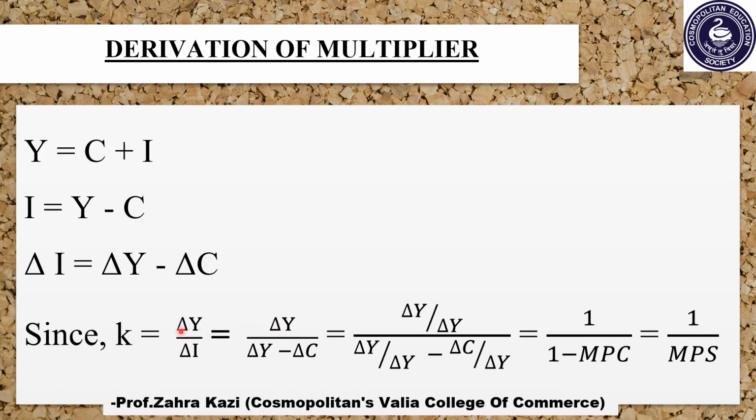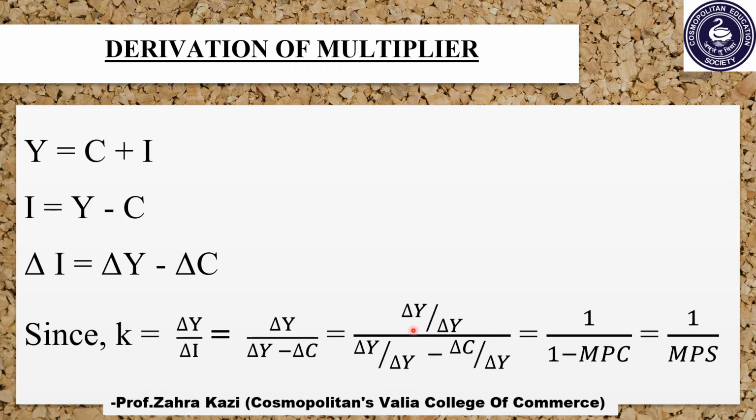Now here the numerator we will keep as it is, that is delta Y, but in the denominator, as we know, delta I is change in income minus change in consumption. This we will substitute in place of delta I. So we get the equation delta Y upon delta Y minus delta C, that is change in income upon change in income minus change in consumption.